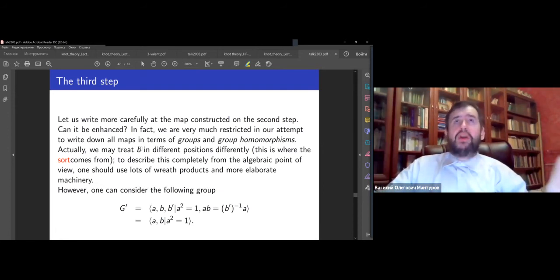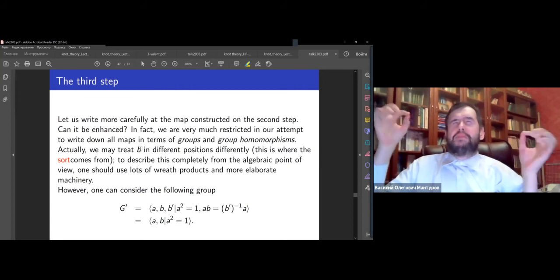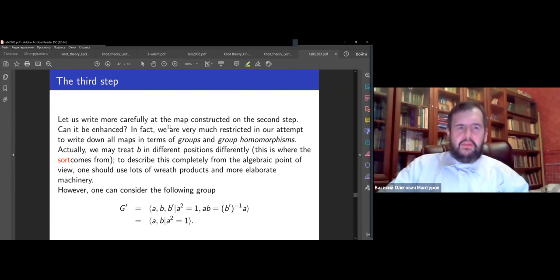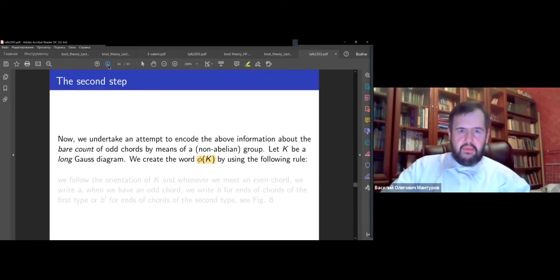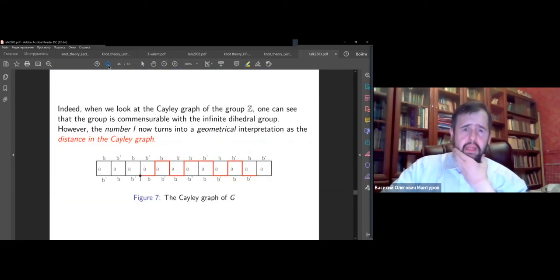This chord is odd, so it intersects oddly many chords, and so the parity of both ends is the same. For example, here I have something like odd chords: 1 and maybe 5, 3 and 7, 8 and 10, 12 and 14. So the same parity for both ends.